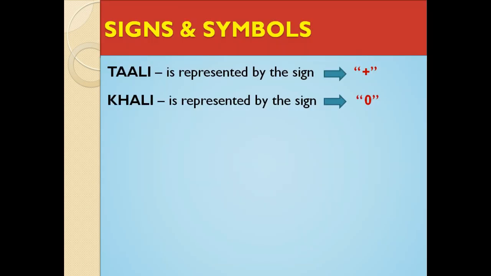Now in order to learn tal, first of all you must know the signs and symbols. Now I will be providing you a sample very soon, but before that let's know what is a tali. Tali is always represented by a sign like plus, which will always be below your bol.